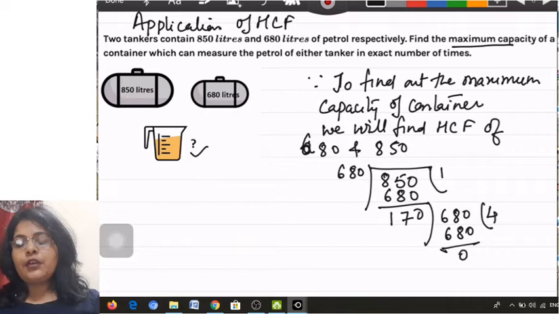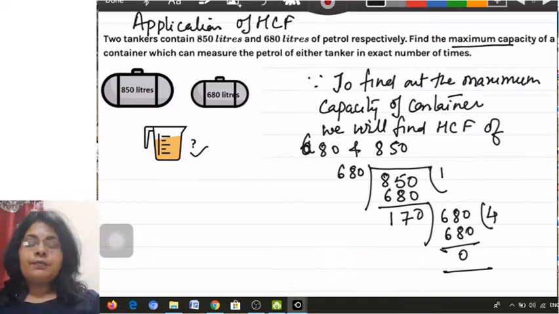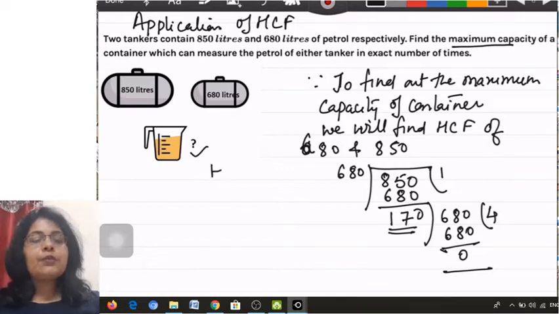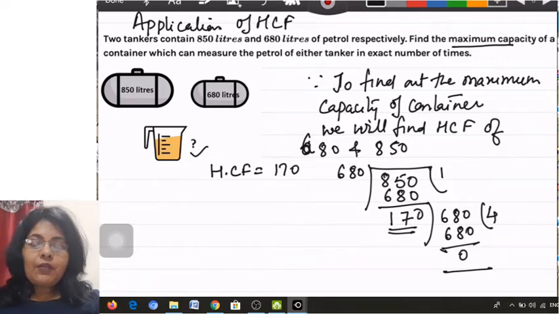So we have got the remainder 0. As the step says, as soon as the remainder is 0 our division stops and this is our SCF. So simply we can write that SCF is equal to 170, and we can write the steps also. Whatever we feel comfortable we will do that.